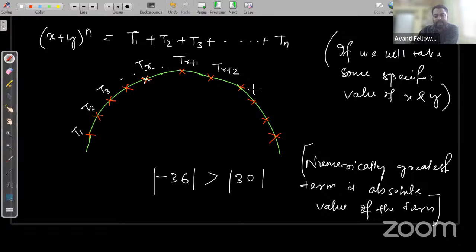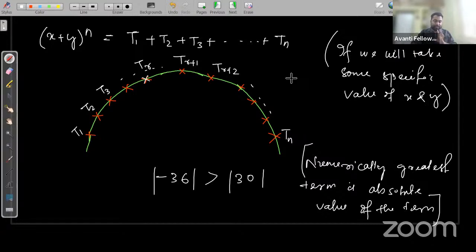Similarly, and so on, up to Tn. So these are my terms of the expansion x plus y to the power n. Have patience, try to understand.